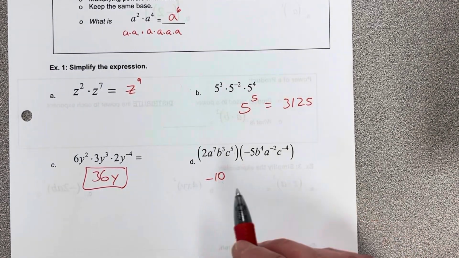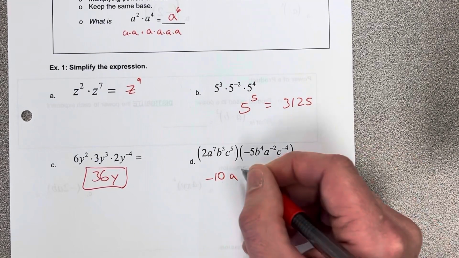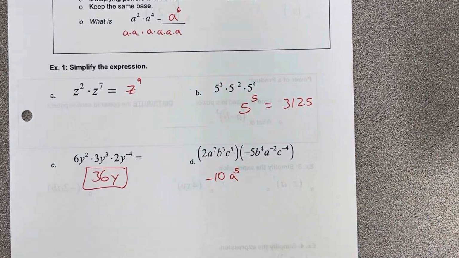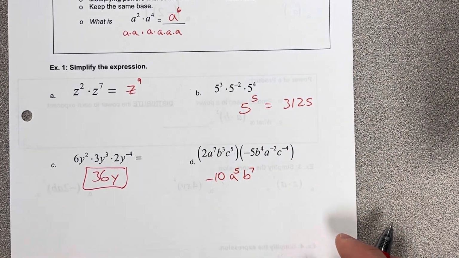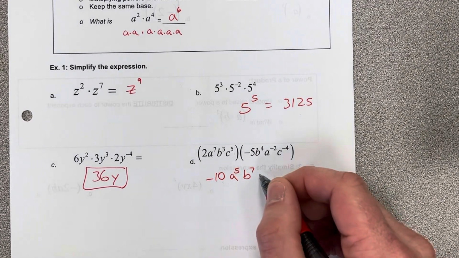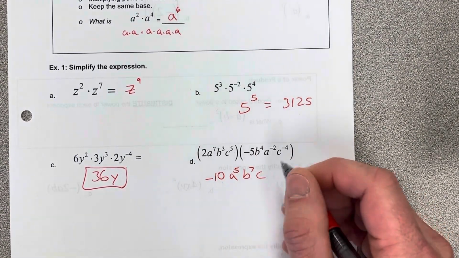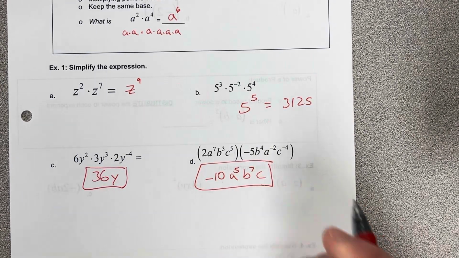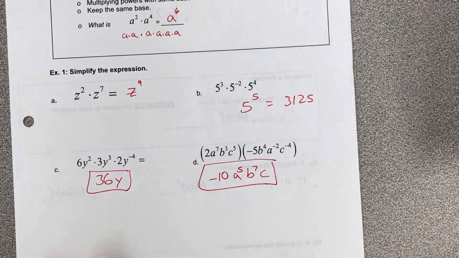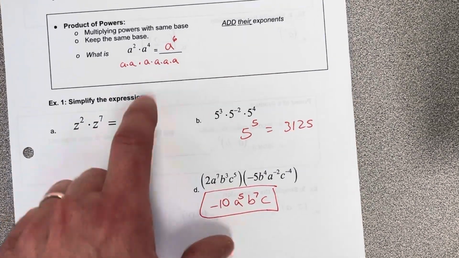If you multiply those together, it'll simplify to a to the 5th. Add them together. The b's will simplify to b to the 7th. And then the c's will simplify to c to the 1st, or just c. Okay, so that is the product of powers property. Again, if you forget it, just expand it and you'll see the relationship.